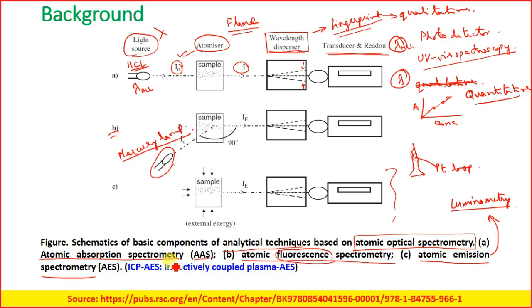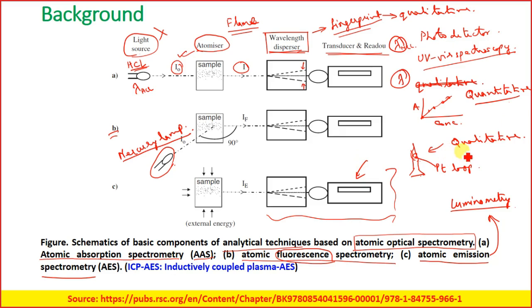Atomic emission spectrometry is basically that, but in a more sophisticated way, and here you are able to analyze the whole spectrum. So this is basically a qualitative method, and that is also a qualitative method, but with more sophistication and much more accuracy.